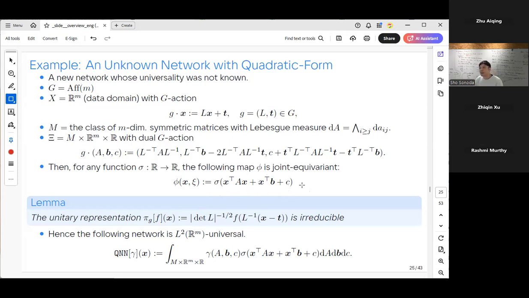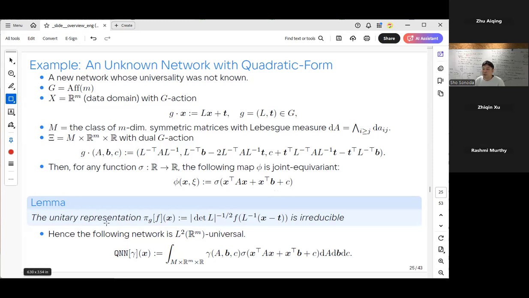So of course the universality of this network is not known, but under this dual group action, we can verify that this feature map is again joint equivariant.